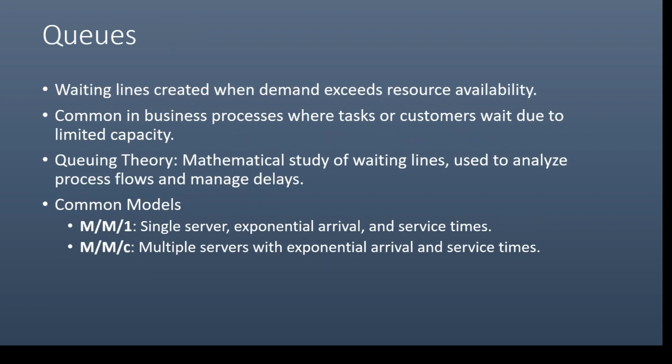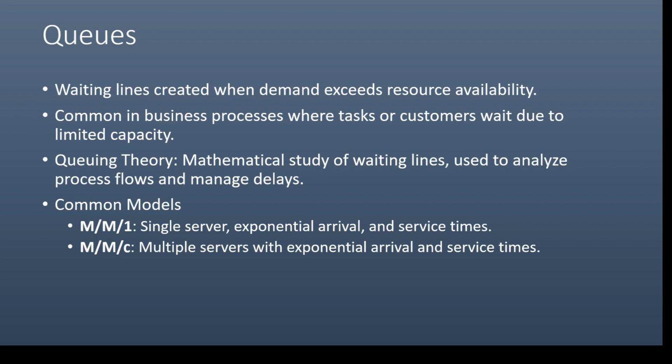Okay, so coming to the next technique, that is queues. Queues are basically waiting lines that form whenever the demand for a service or a task exceeds the resources available to handle them.